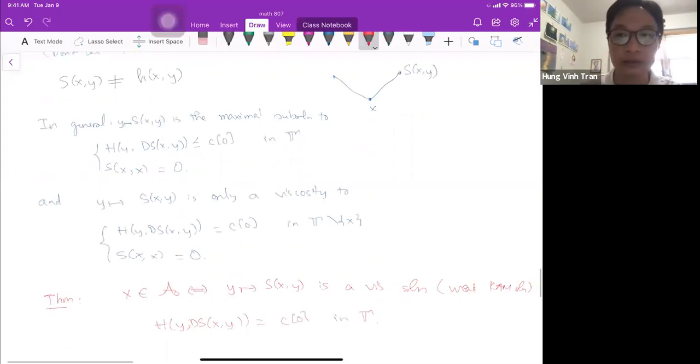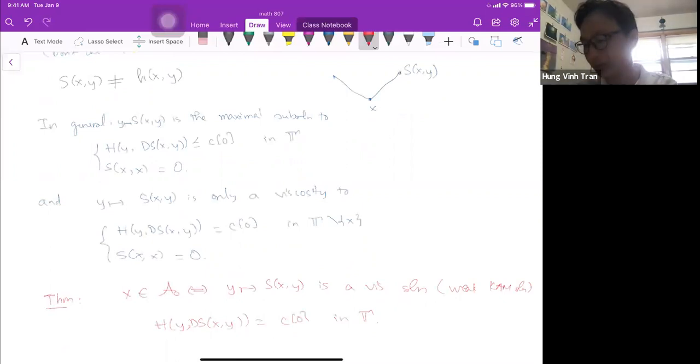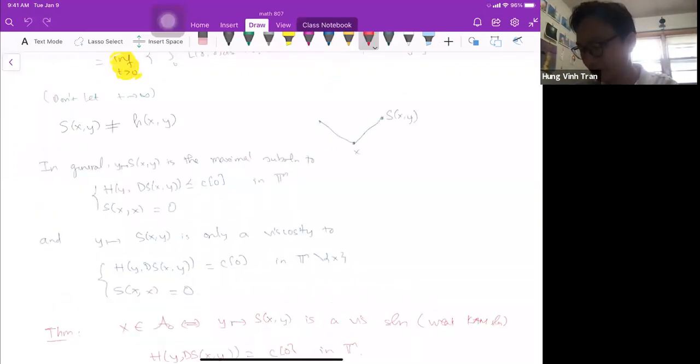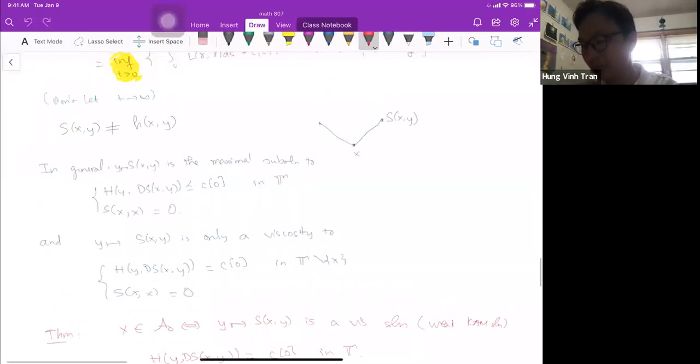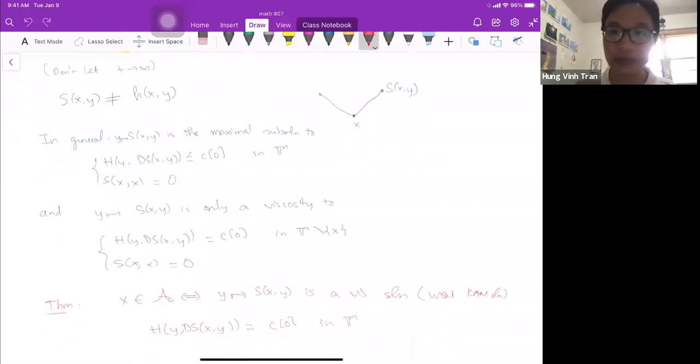That's the result. Again, this is a very big overview. It might take me a few lectures to prove this. It's not too hard, but I need to develop the theory and stuff like that.